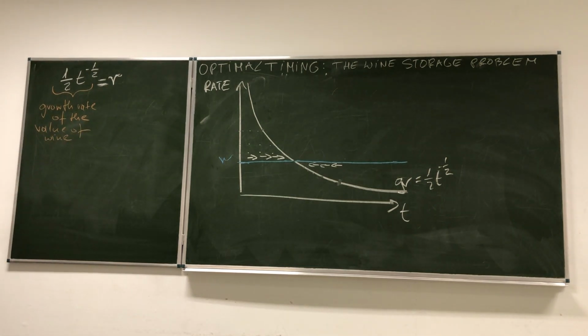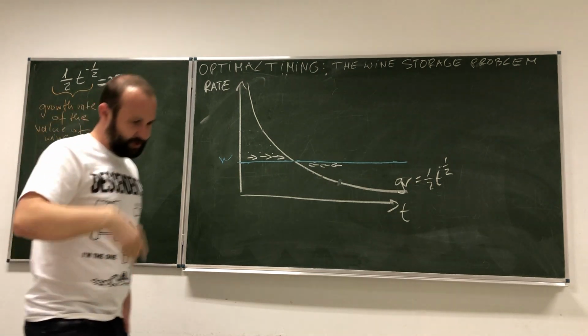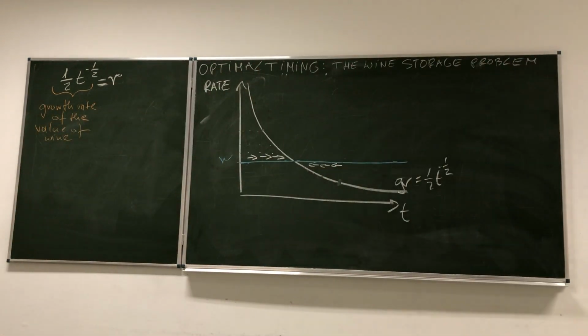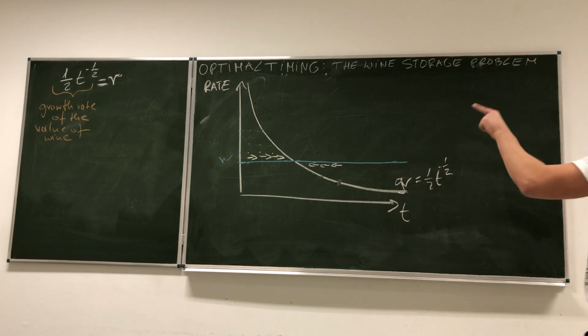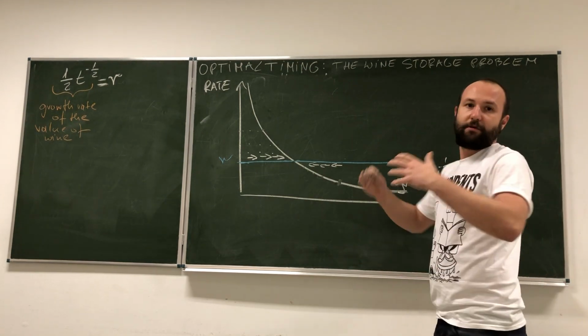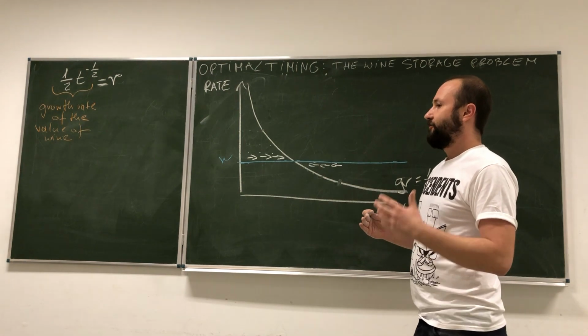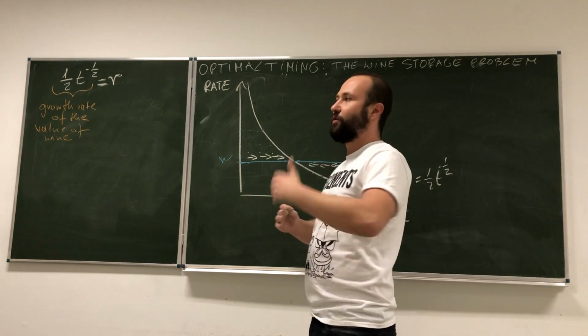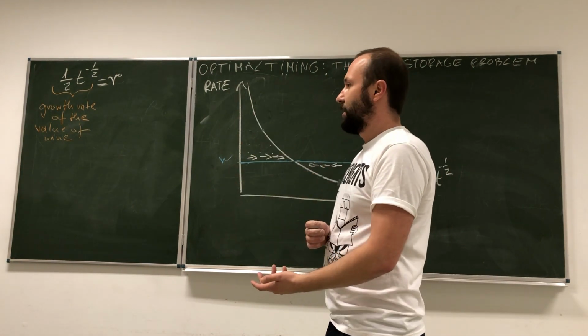So it tells you how much the value of the wine is going to grow each year. So it will tell you how much more percent you will receive if you keep the money in the form of wine for one more year, one more month, one more day.